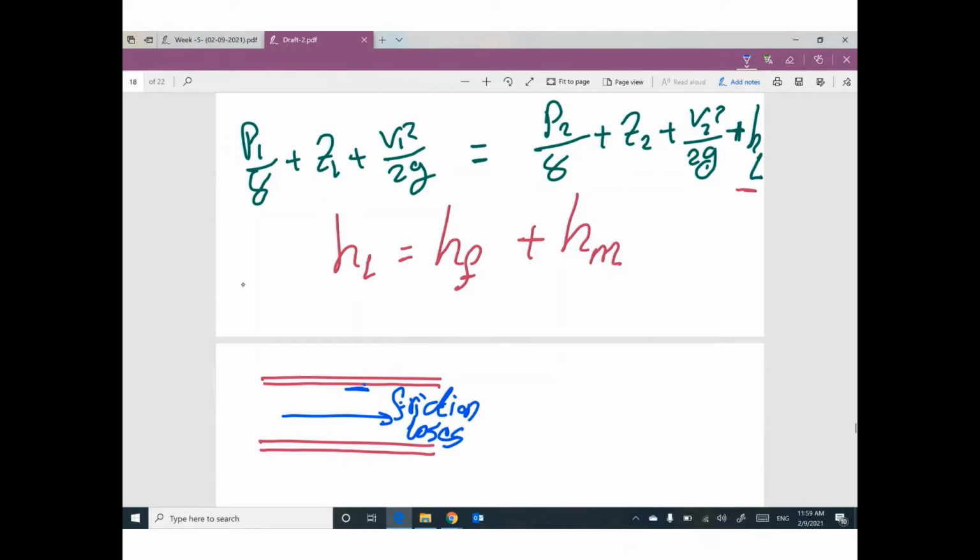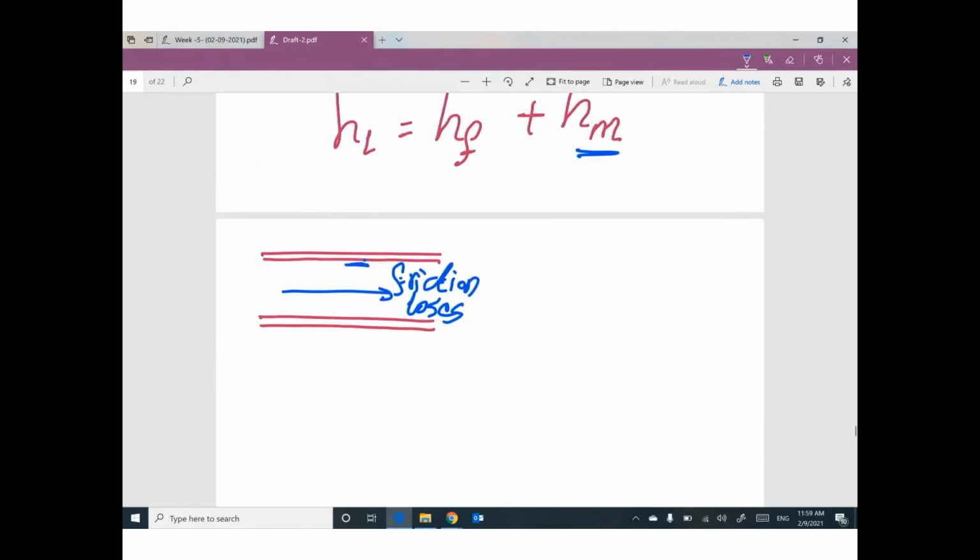What is the meaning of minor losses? It's very easy. If you have a pipe and this pipe changes in size, so entering from this smaller diameter to this larger diameter, we have losses at this entrance.